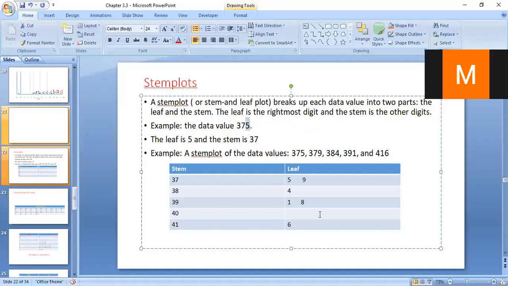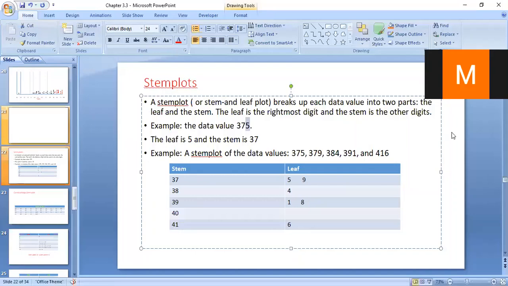That is how to put the numbers on the stem block. 375, 5 is the leaf and 37 is the stem. 379, 9 is the leaf, 37 is the stem. 384, the 4 is the leaf, 38 is the stem. 391, 1 is the leaf, 39 is the stem. 416, 6 is the leaf and 41 is the stem.